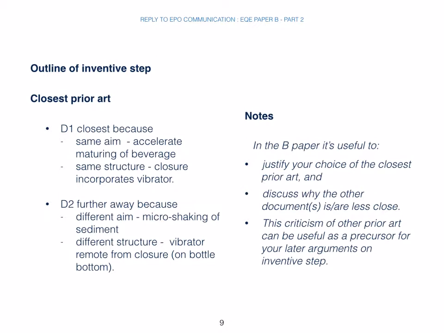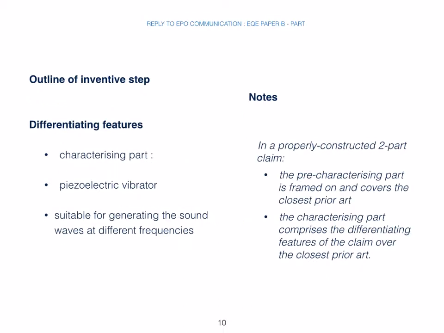Next, we identify the differentiating features. The differentiating features of Claim 1 over the prior art are those of the characterizing part, namely that there is a piezoelectric vibrator and it is suitable for generating sound waves at different frequencies.